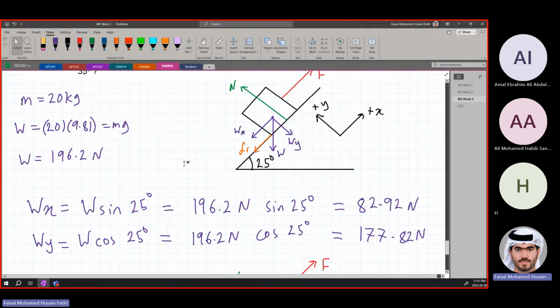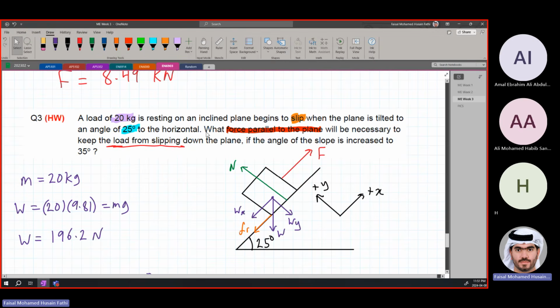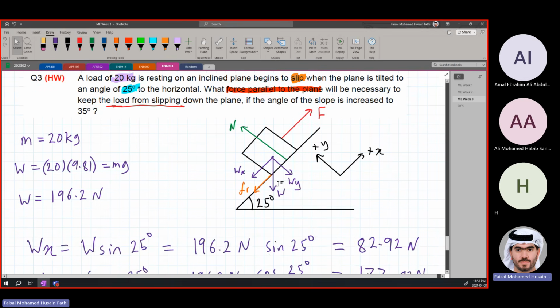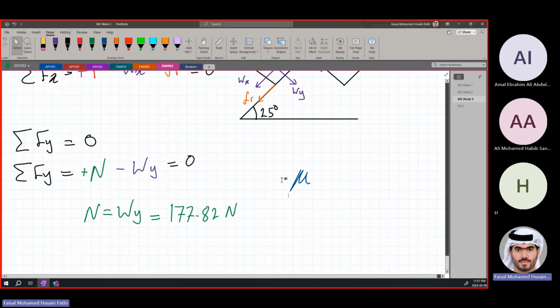Keep in mind here, in the question, what does it say? What force parallel will be necessary to keep the load from slipping? Because on an inclined plane it begins to slip, meaning now it's at a point where it is about to slip. The way you will find the coefficient of friction here is by simply using this equation.